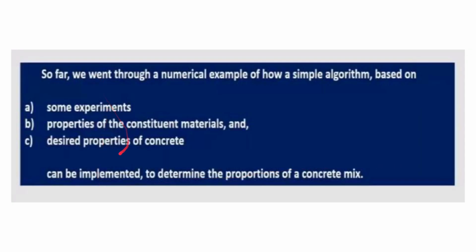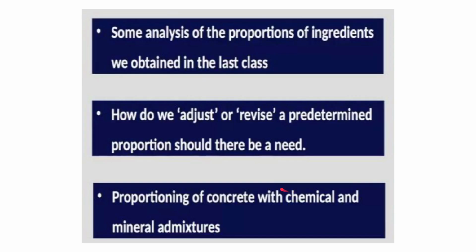Till now we have gone through the numerical example and tried to develop a single algorithm, based on some experiments and properties of materials, to find the steps required for getting the desired properties of concrete, so that it can be implemented for determining the concrete mix proportions.